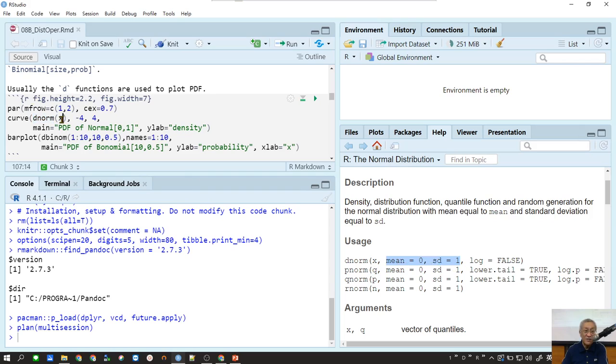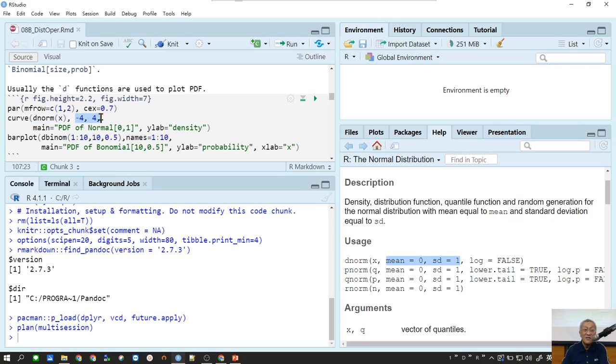And what is x? Now the x could be a vector, okay? Right now I'm drawing a curve. I want to draw the density function from -4 to 4.